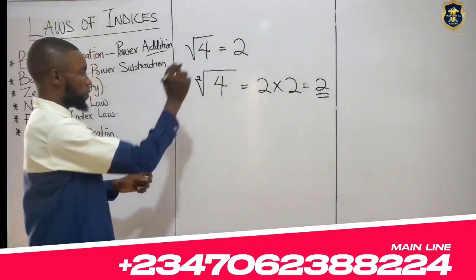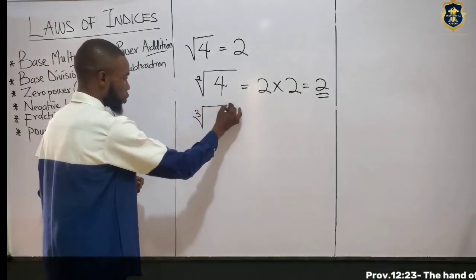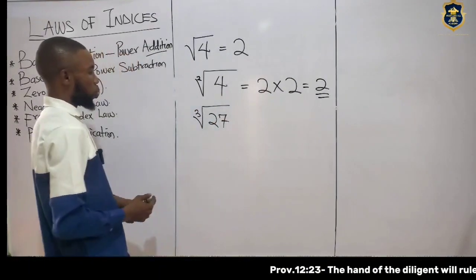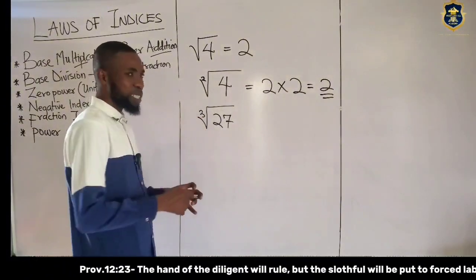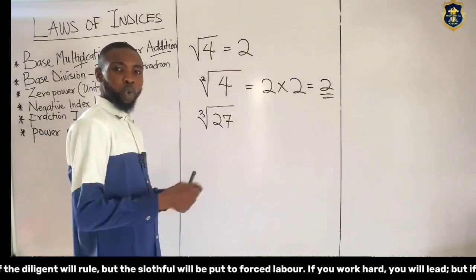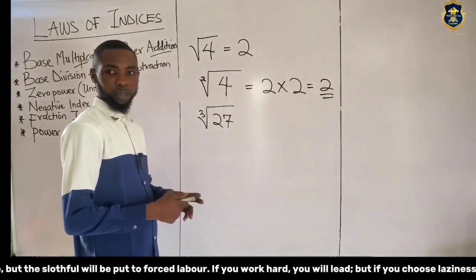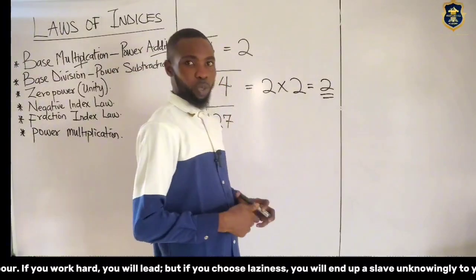Sometimes they give you the cube root of 27. What do they mean by this? The 3 here signifies: what 3 equal numbers will you multiply to get 27?